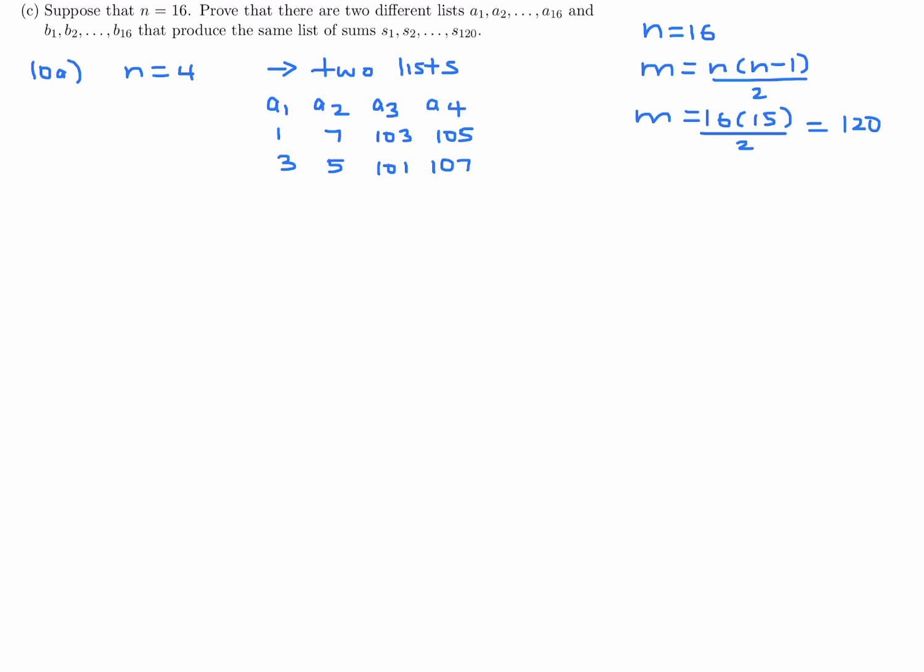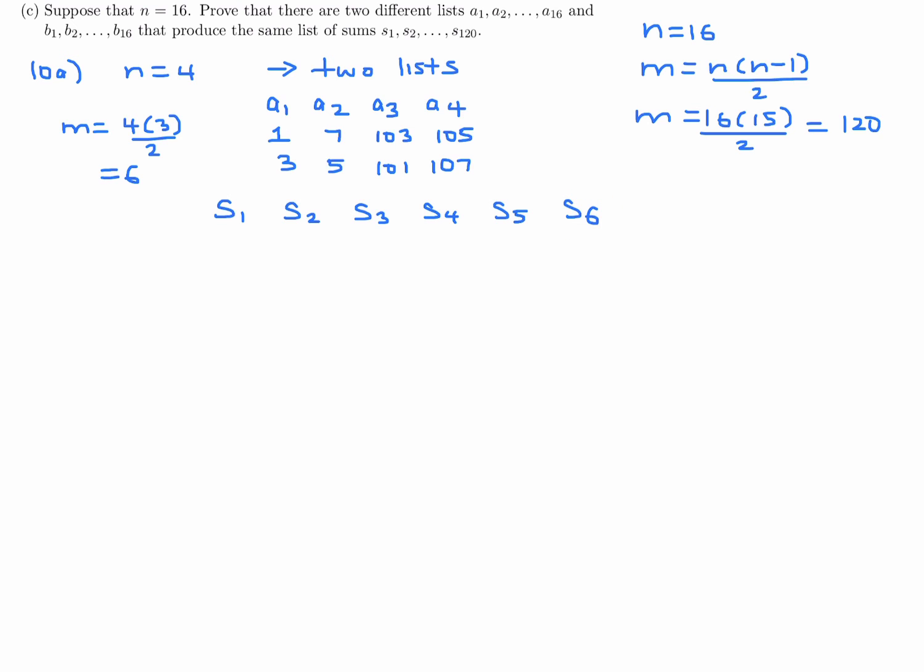Well, one thing I want to point out is that these two lists, if you recall, they produce the same sums, S1, S2, S3, S4, S5, and S6. And I had shown that because n is 4, the number of pairwise sums would be 4 times 3 divided by 2, which is 6.